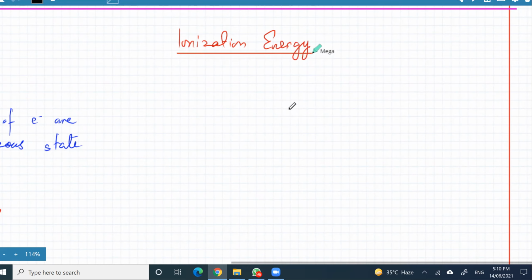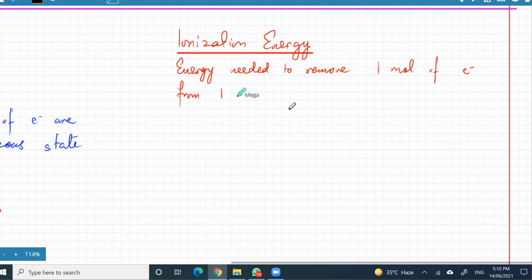Ionization energy is the energy that is needed to remove one mole of electrons from gaseous atoms to form one mole of gaseous -1 ions.